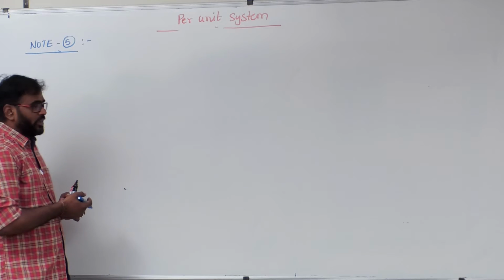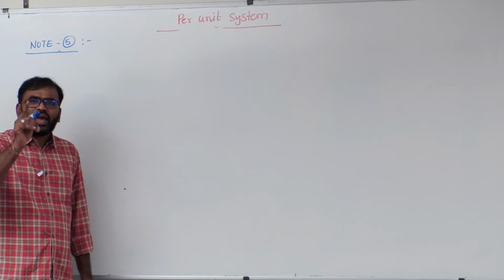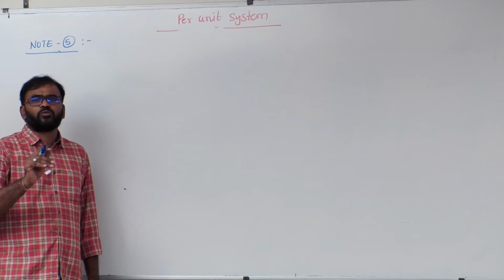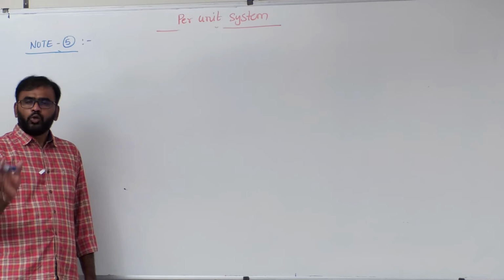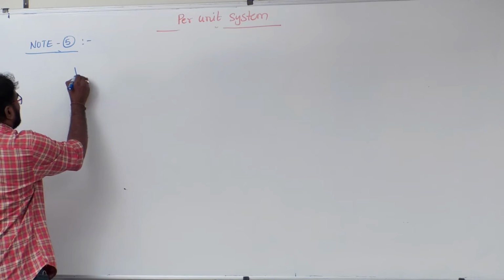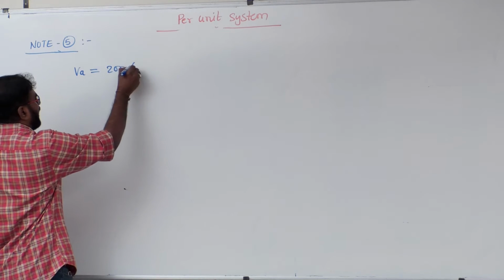Now we will see note number 5. Sir, base values have only magnitudes. There is no phase angle for base quantities. That means base values are only magnitudes. For example, let's say the actual voltage is 200 at an angle of 30 degrees.